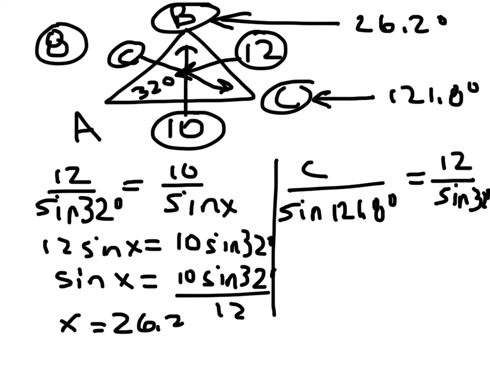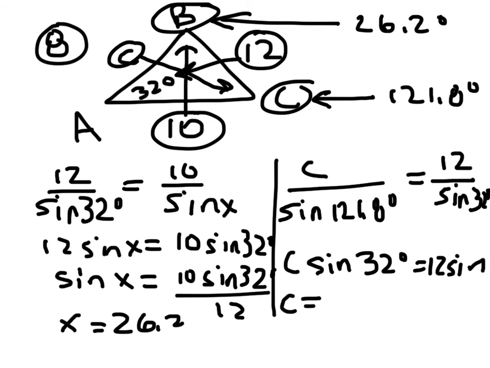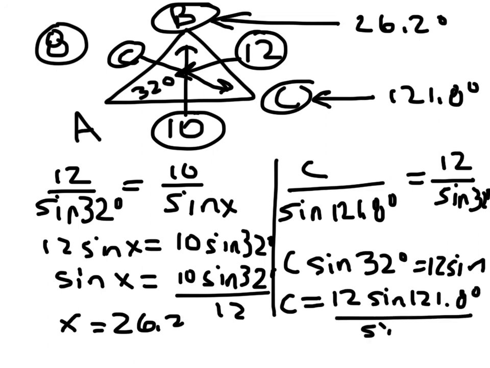But anyway, cross multiplying, C sine 32 equals 12 sine of 121.8, or C equals 12 sine 121.8 degrees divided by sine 32 degrees. If I find this to the nearest tenth, it would be 19.2.